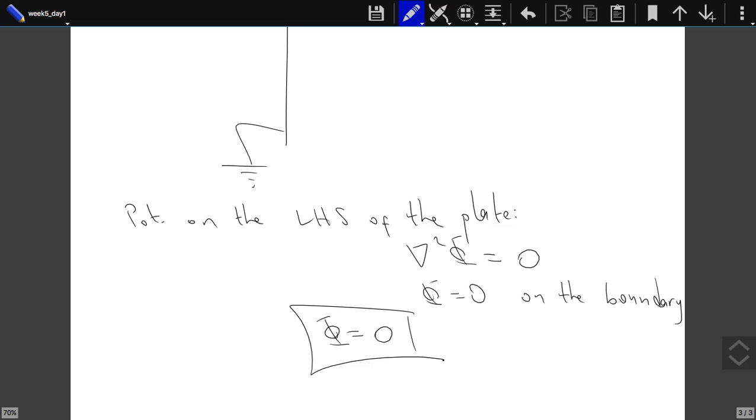Phi is equal to 0 everywhere. Does it satisfy the Laplace equation? Does it satisfy the boundary condition? So the solution is unique. This is a solution of these equations, so it is the only solution. There are no alternative solutions. So on the left-hand side, the potential is 0. The potential is constant, so there is no electric field. On the left-hand side, the electric field is 0.